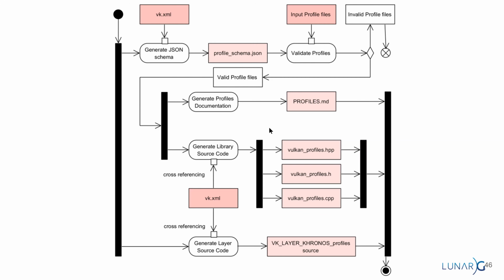What we can do is have a source, vk.xml, and another source, which is a set of profiles, and out of that, regenerate the profile schema, regenerate the markdown file to compare multiple profiles, regenerate the library to include new profiles and new Vulkan capabilities, and regenerate the layer to include the new Vulkan capabilities.